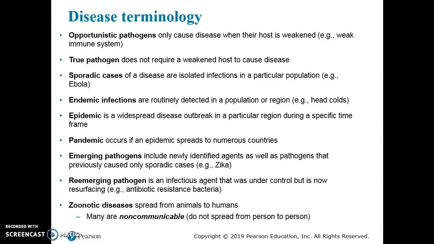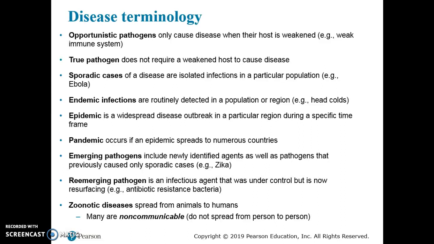It doesn't matter what their immune system is like, they're going to get sick. Now, they may not succumb to the disease if they were immunocompetent. Their immune system might be strong enough to fight it. Their overall health might help them fight the infection. But it's still going to cause disease.